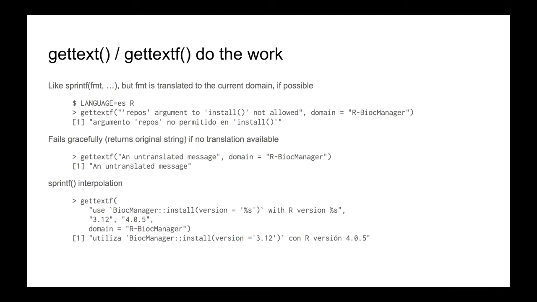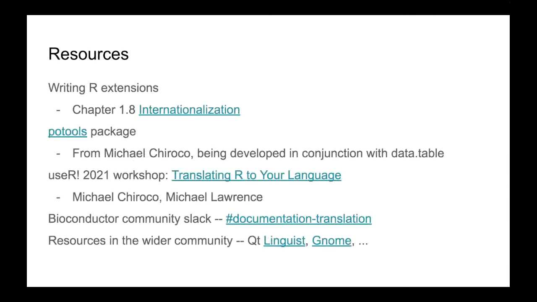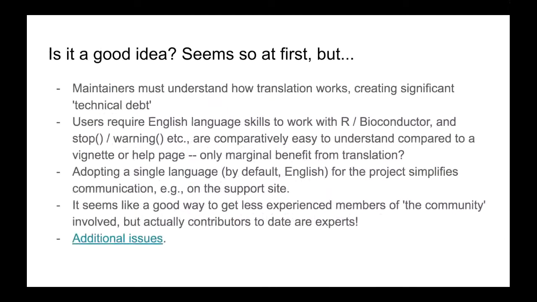So can I try to shift the conversation a little bit from the technical to the philosophical aspect? Just because I cannot contribute much to the technical part. But I think Martin mentioned that perhaps the error message is not really the problem for non-native speakers. To work with Bioconductor, you have to know a little bit of English. You have to read vignettes.